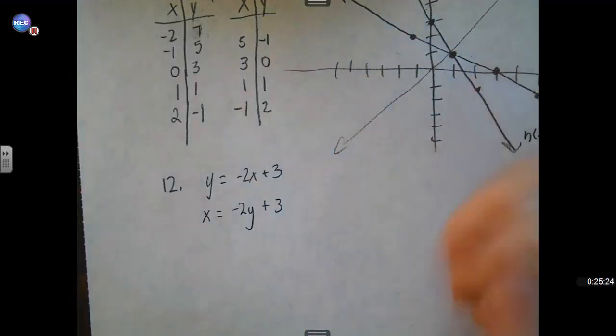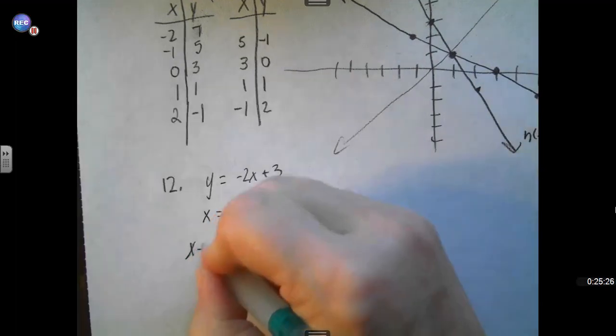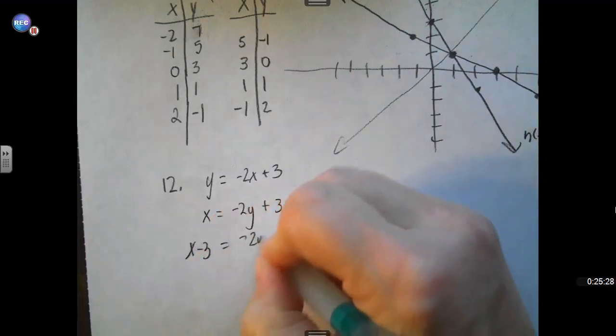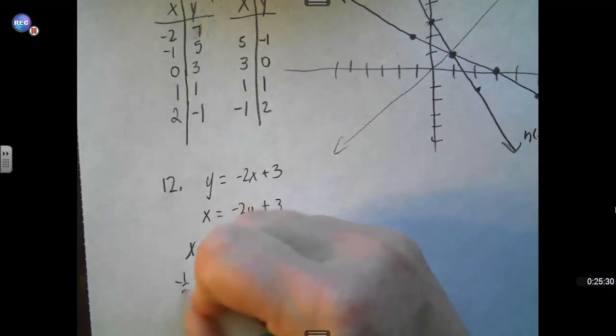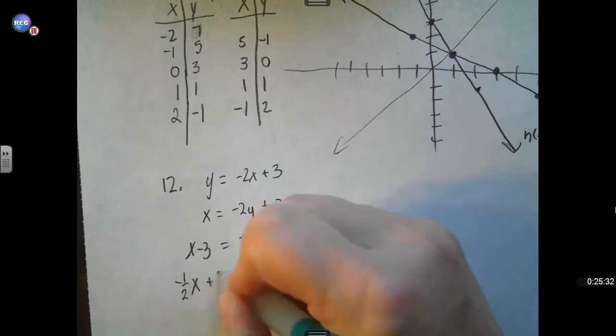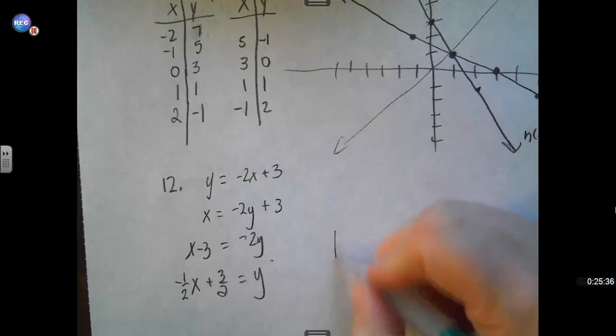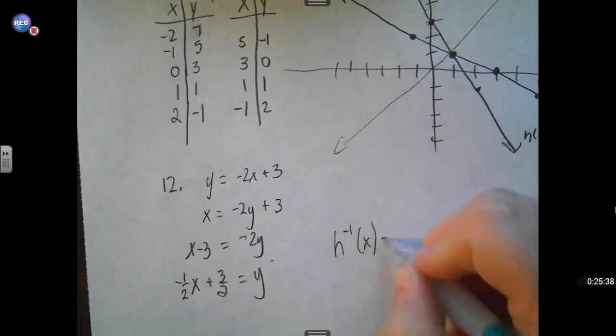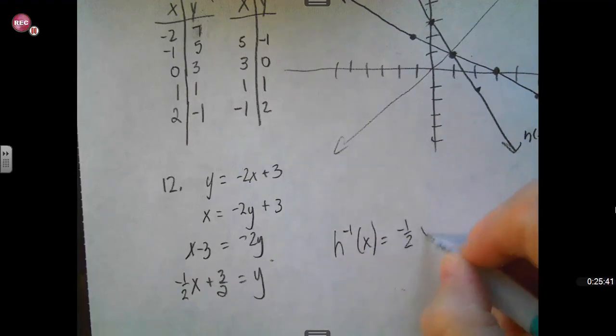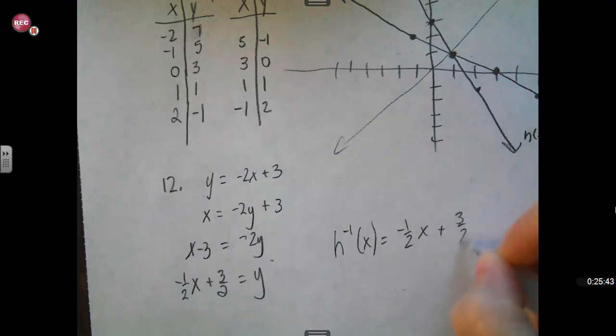And then I solve that for y. So x minus 3 equals negative 2y, and negative 1/2 x plus 3/2 is y. So h inverse of x is negative 1/2 x plus 3/2.